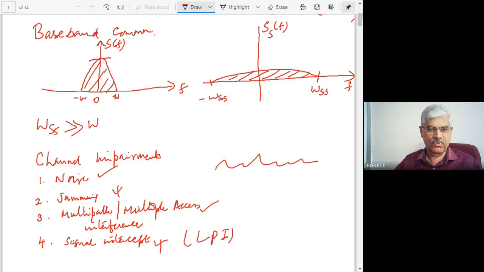So what we have so far tried to understand is that normally we have digital information, and if there is only noise present in the channel, AWGN, then we can simply modulate the original signal using a modulation technique and receive it and provide acceptable quality of signal.